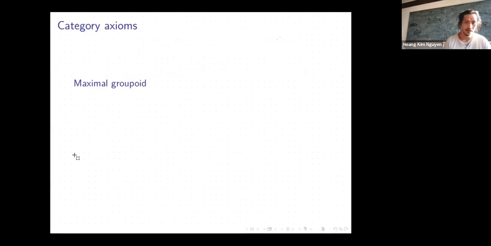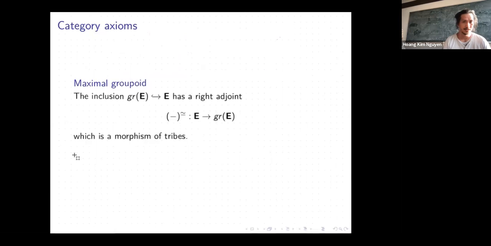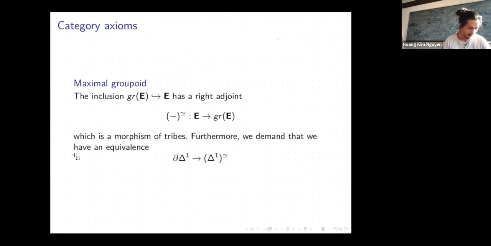So the inclusion of the groupoids into the tribe has a right adjoint, which is a morphism of tribes. And furthermore, what we would like to demand is that this map is an equivalence, and that's this.